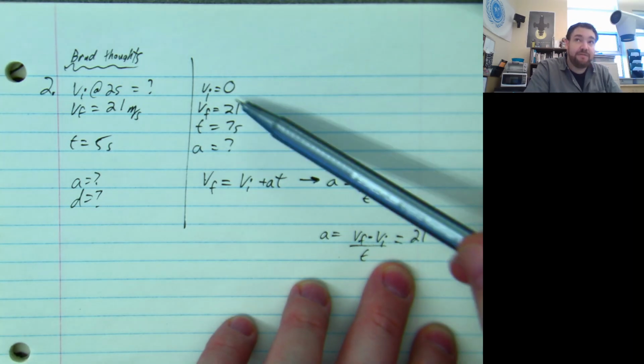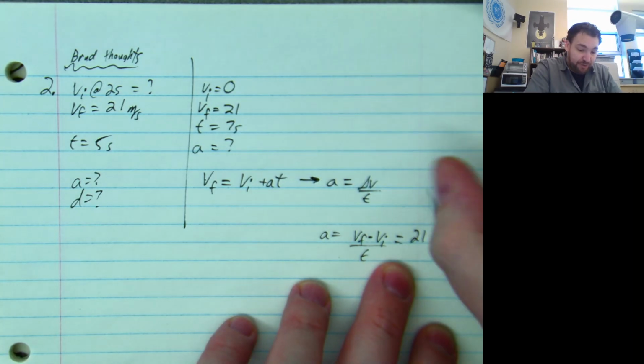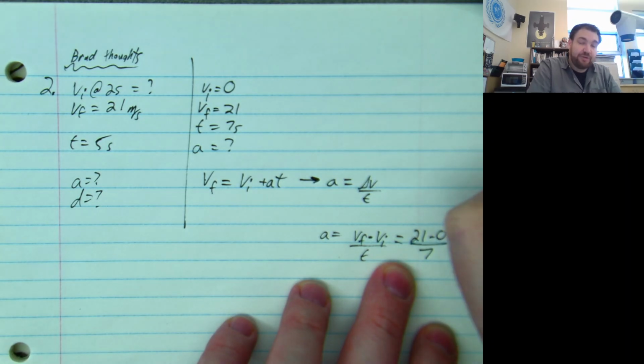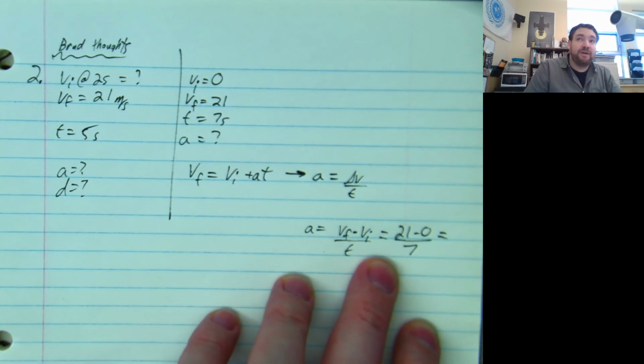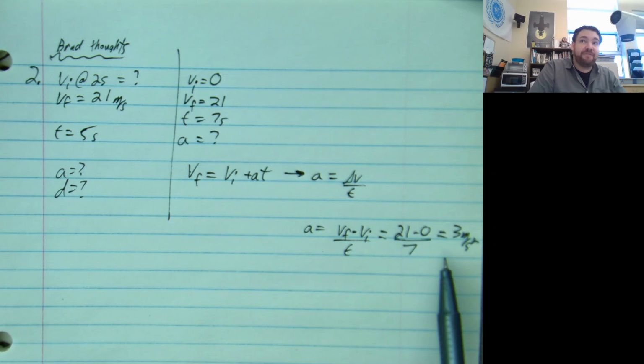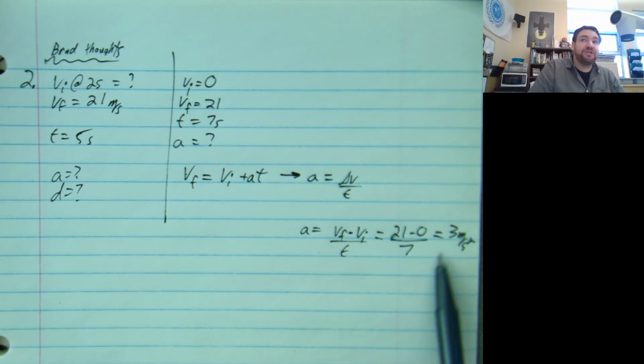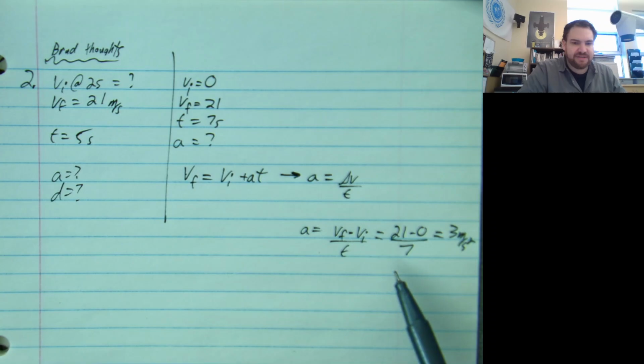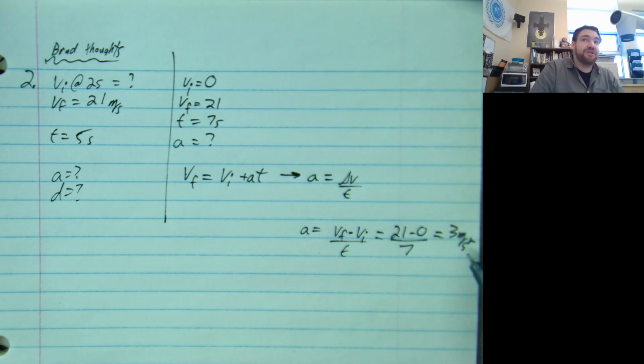VI, if we're starting from rest, is 0. And the time is 7 seconds. So 21 minus 0 is 21, and 21 divided by 7 is 3. So the acceleration of the car, or was it a car? Yes, it's a car, is 3 meters per second squared.